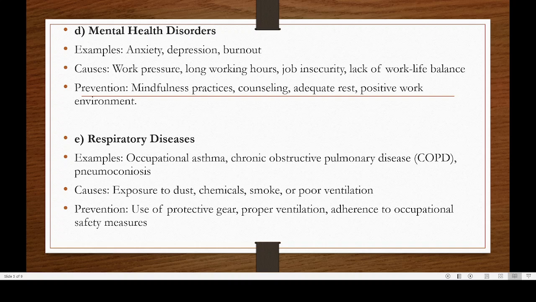Then work pressure, long working hours, then job insecurity. Nowadays the problem is that a lot of jobs are available, but in modern society like Kerala, you may get a job and they will give you 10,000, 15,000, or 20,000. If you want a salary of more than 20,000, it is really difficult. That is a problem in modern Kerala, especially.